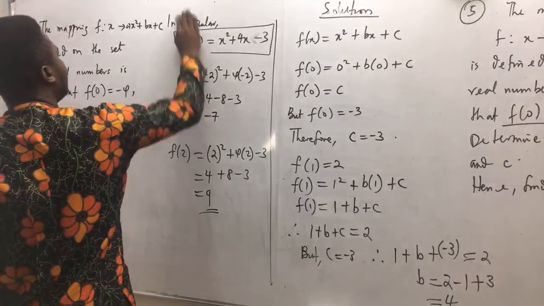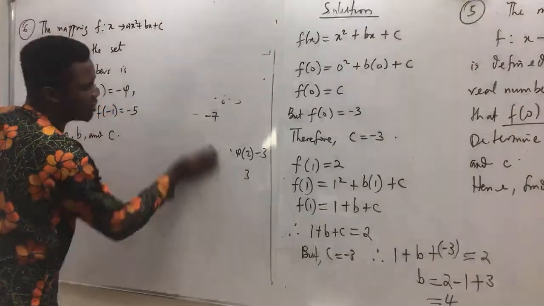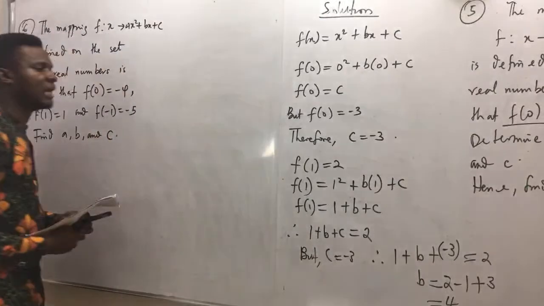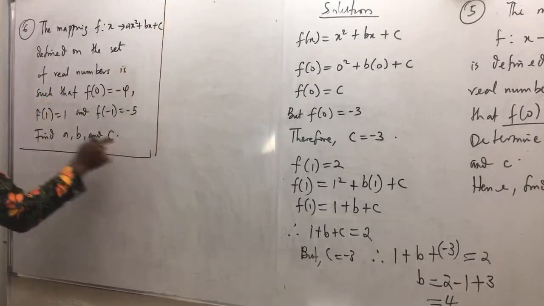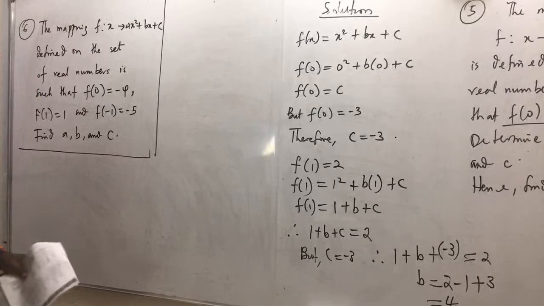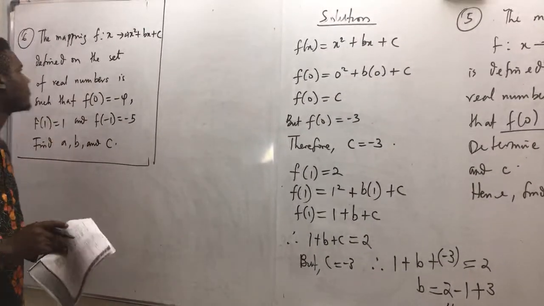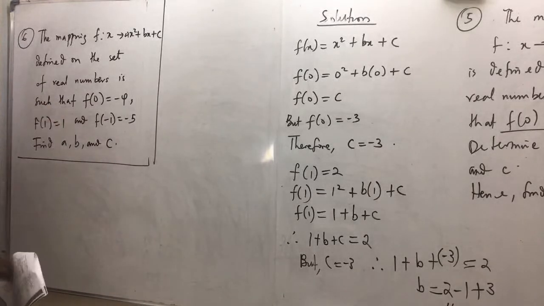So that is question 6, guys, and I want us to do it together. Let's brainstorm. The mapping of x into ax squared plus bx plus c defined on the set of real numbers is such that f of 0 is minus 4, f of 1 is 1, f of minus 1 is minus 5.